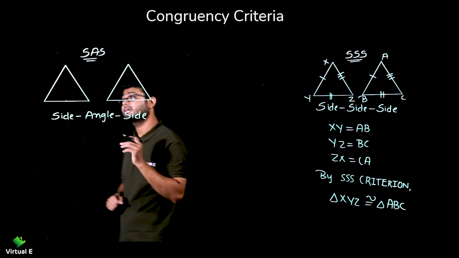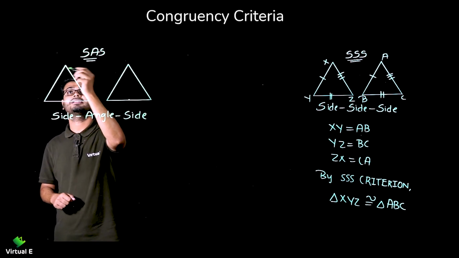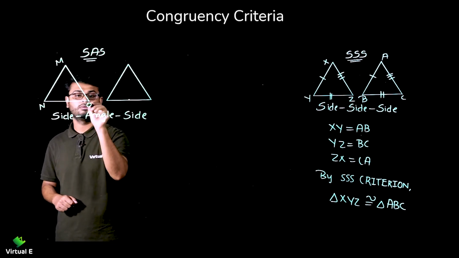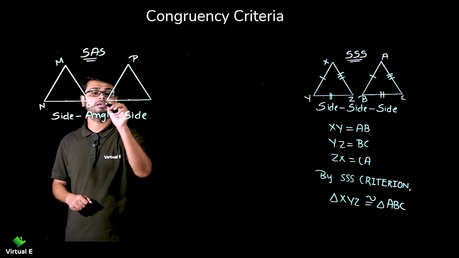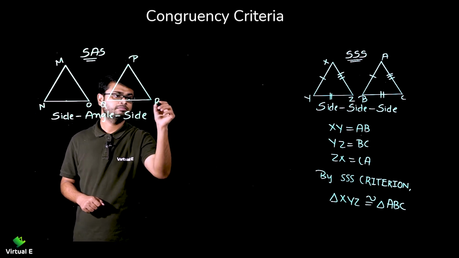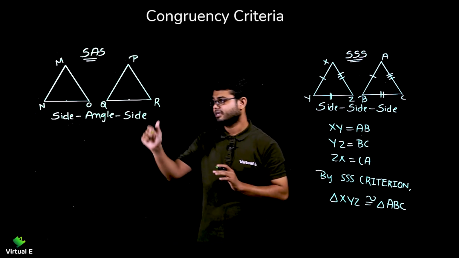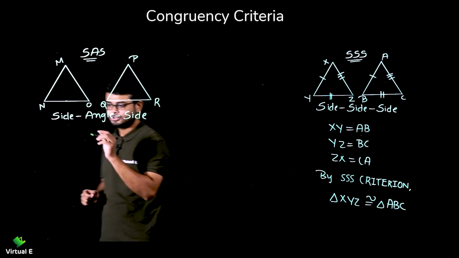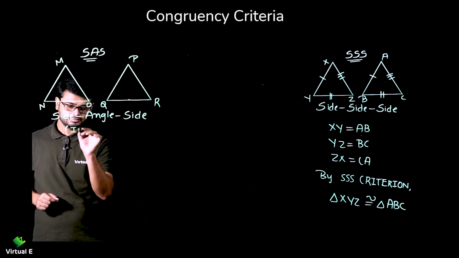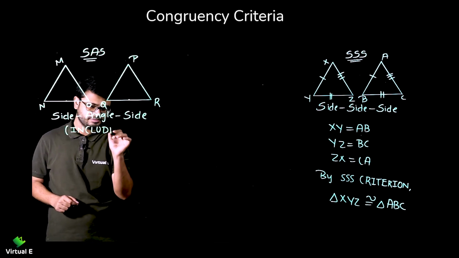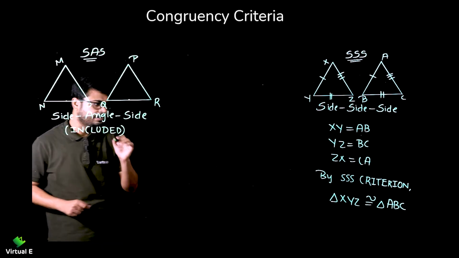How? Let's say I'm just taking two triangles, M, N, O and P, Q and R. Okay, side, angle, side. Now this angle should be included. Very important word, included.